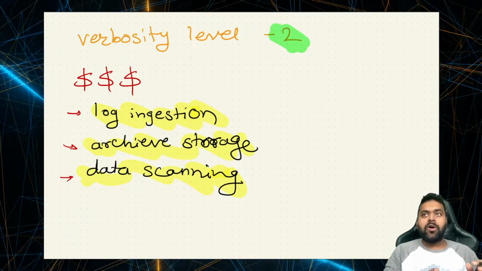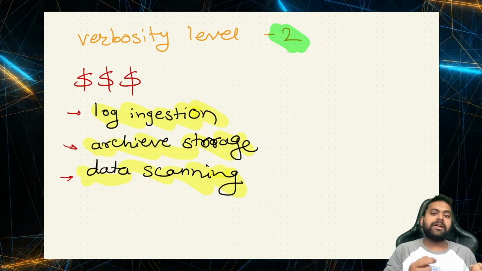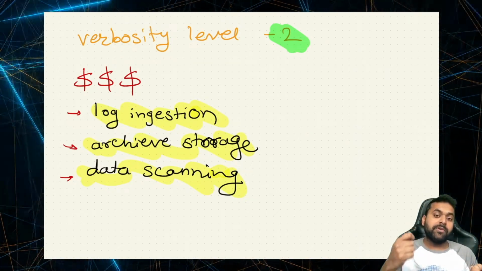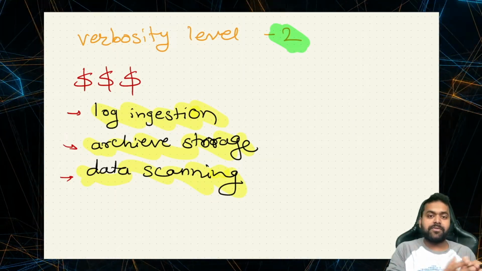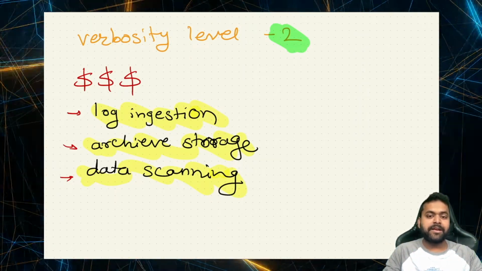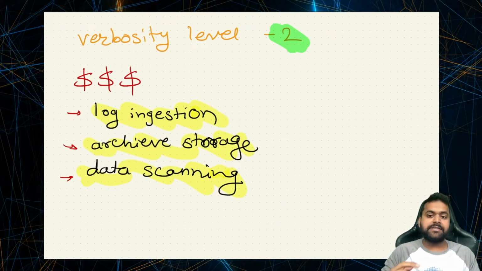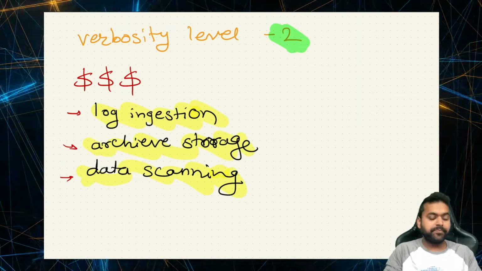So there is a separate charge for CloudWatch logging once you enable it. It's not part of your EKS control plane pricing. So let's dive into it and see how that works.